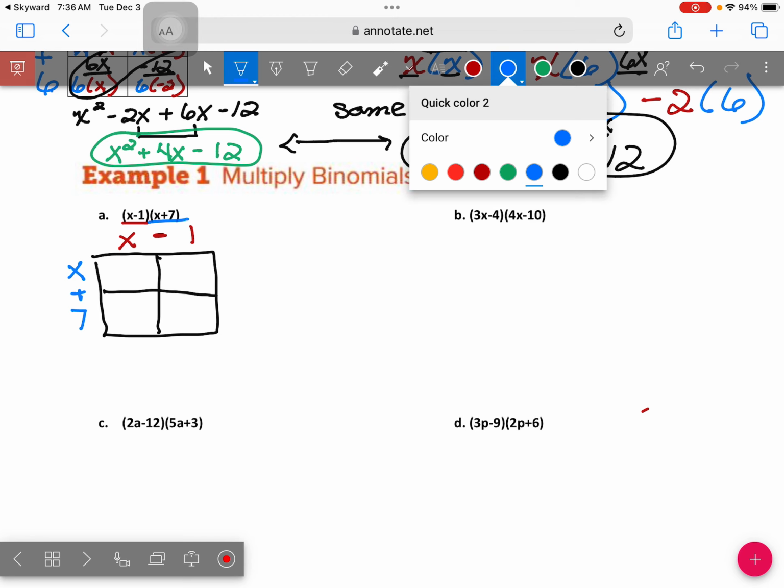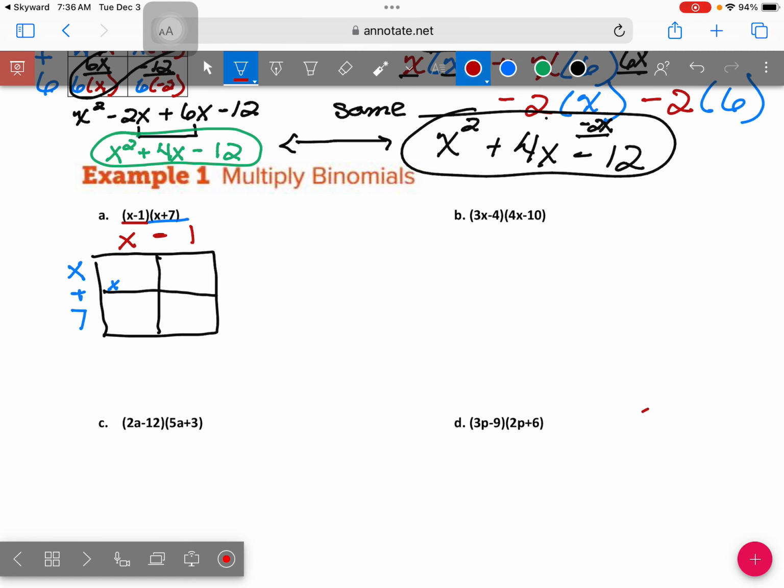So now we multiply. So x here times the red x above gives me x squared. Then I go to the right. The blue x times -1 gives me -1x.